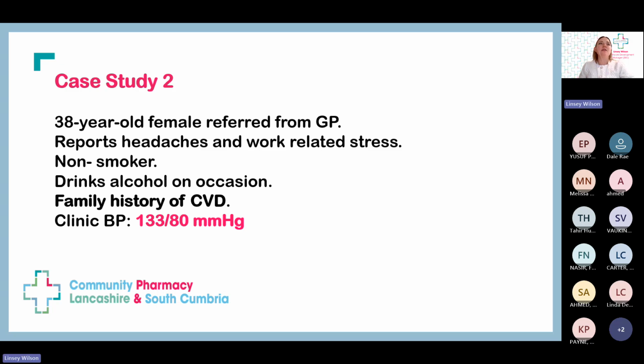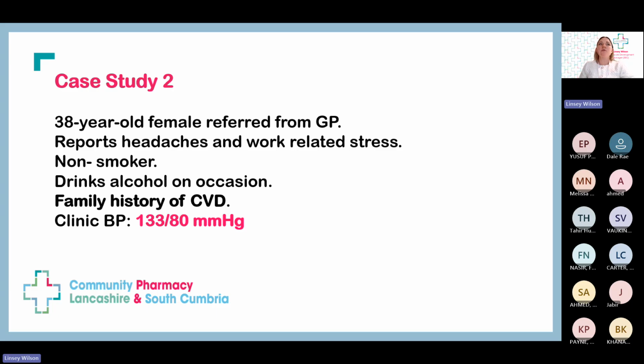Second case study. So we've got a 38-year-old female referred from the GP, and we know that if you're sub 40 but referred by the GP, it's our local agreement that we will accept those patients. She's reported headaches and work-related stress. She doesn't smoke, she drinks alcohol on occasion, but she does have a family history of CVD.